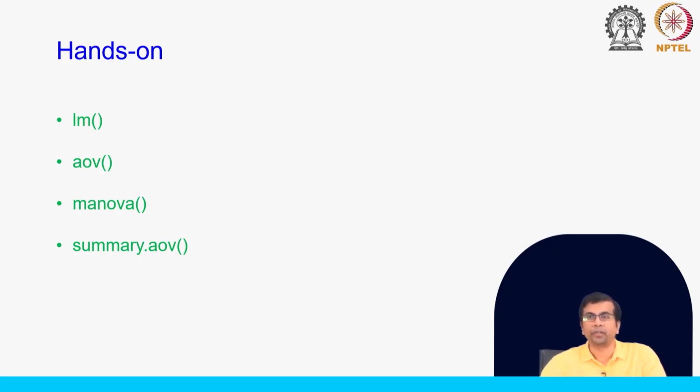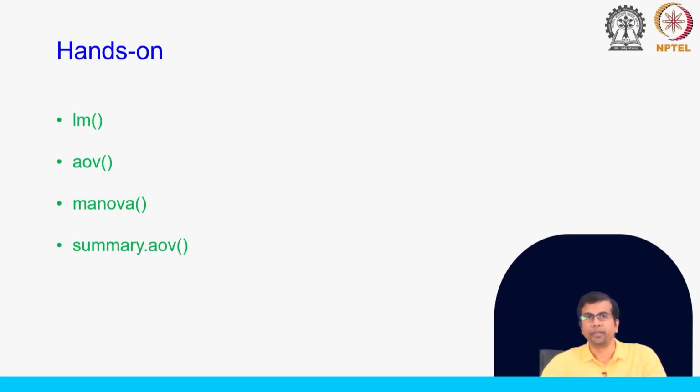The specific function in R to do ANOVA is the aov function, which is built for ANOVA. We can do MANOVA in R as well, with the manova function. And then we can look into the summary of any ANOVA model that we have built using the summary.aov function.